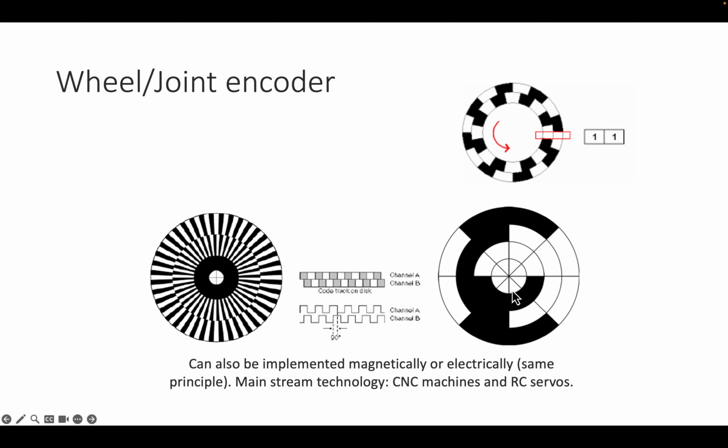In this case, I have placed a binary code. I need 4 sensors, and with those I can read the exact absolute orientation of my encoder on the motor. These also exist in a linear way, where I essentially put barcodes on a linear track, and then I can read at any point in time where the motor is.